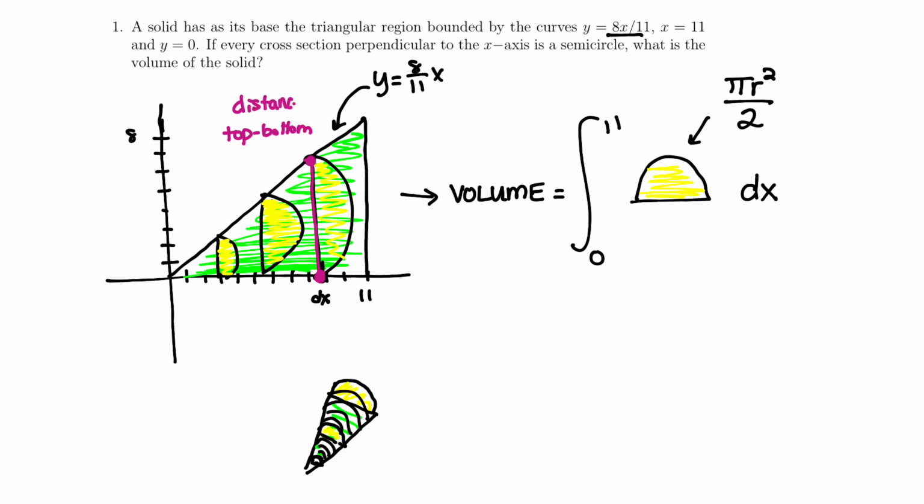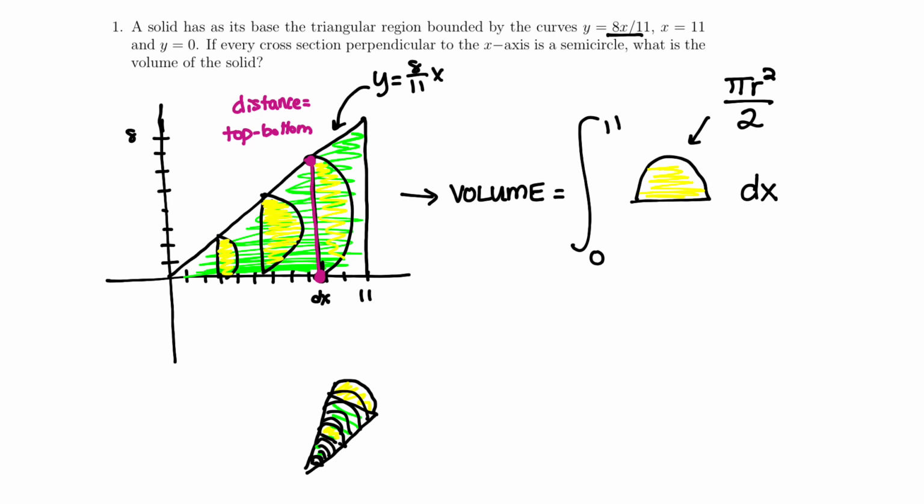Isn't that what we did when we found area between curves? We took the top curve minus the bottom curve. So this distance is the top function minus the bottom function. So it's 8 over 11x minus 0, because the bottom is y equals 0.